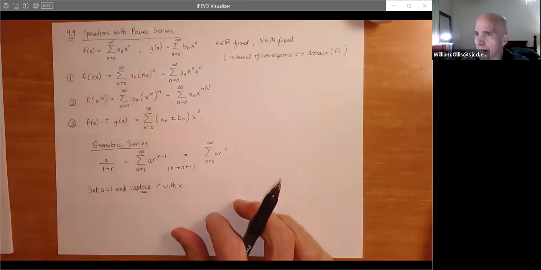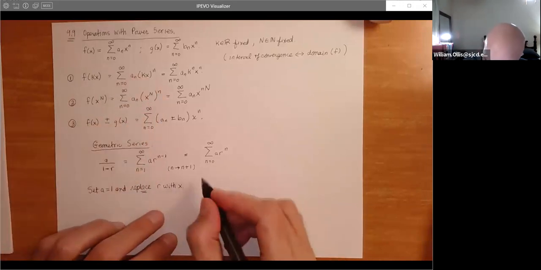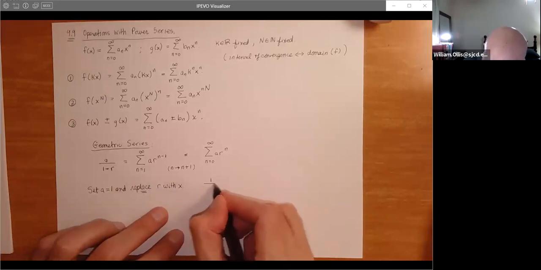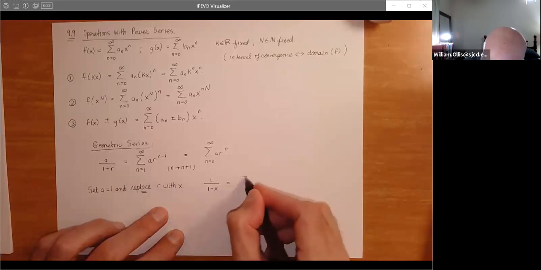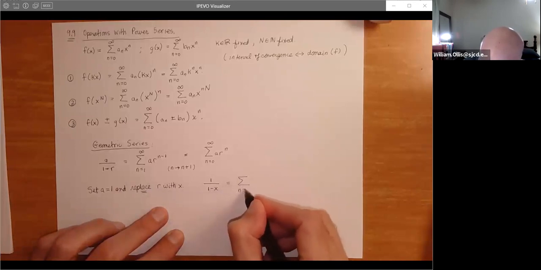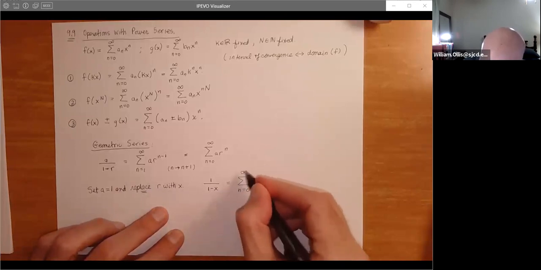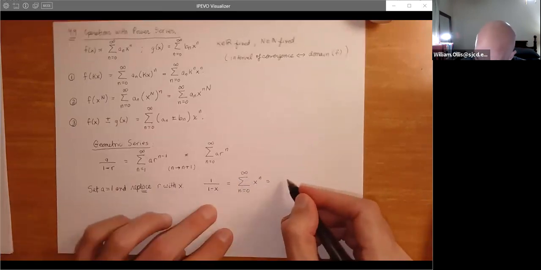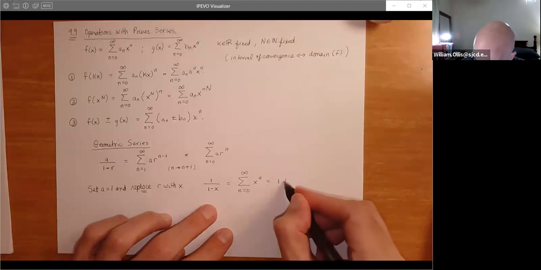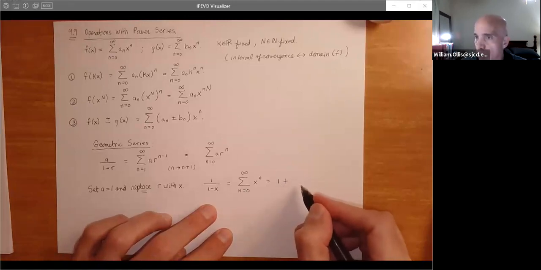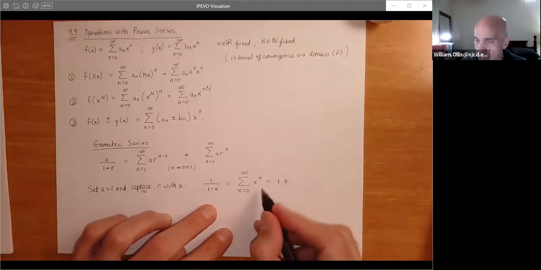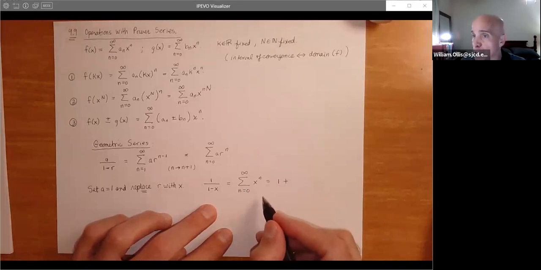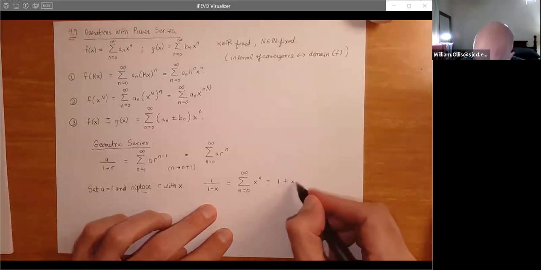And so we just want to make it a little bit more user-friendly. So we could say 1 over 1 minus X equals the series n equals 0 to infinity of x to the n. And then, of course, if we wanted to write out several terms, this is our friend. And of course, if we did the Taylor polynomial, it would look the same. And of course, this would be the Maclaurin because c would be equal to 0.